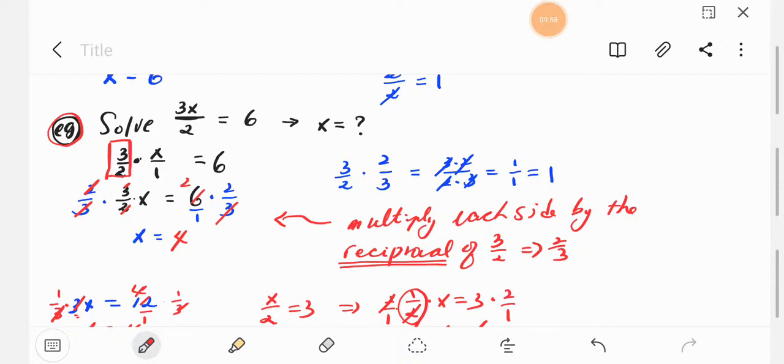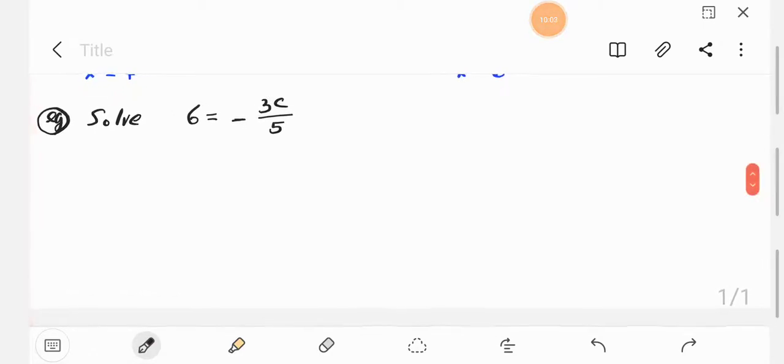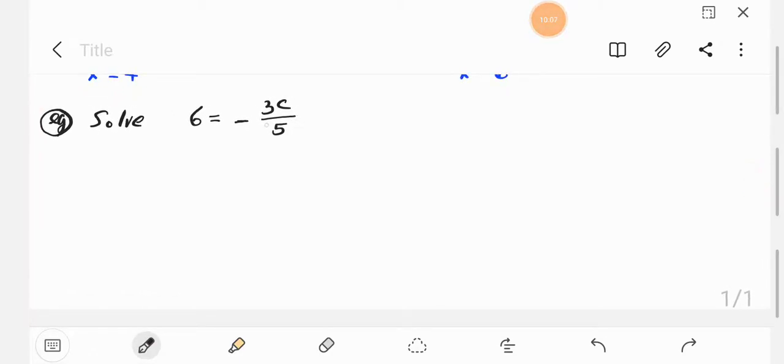Okay, now let's try this equation. The right hand side has a variable c, so this is negative 3c over 5. Then we can rewrite the equation as this. Negative 3 over 5. We can write 3 over 5 first and then multiply by c, right? So actually this is c over 1.